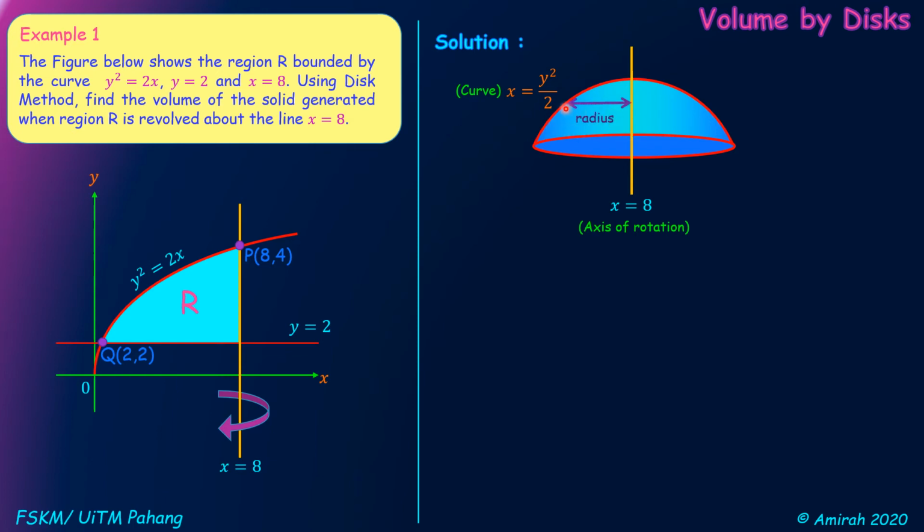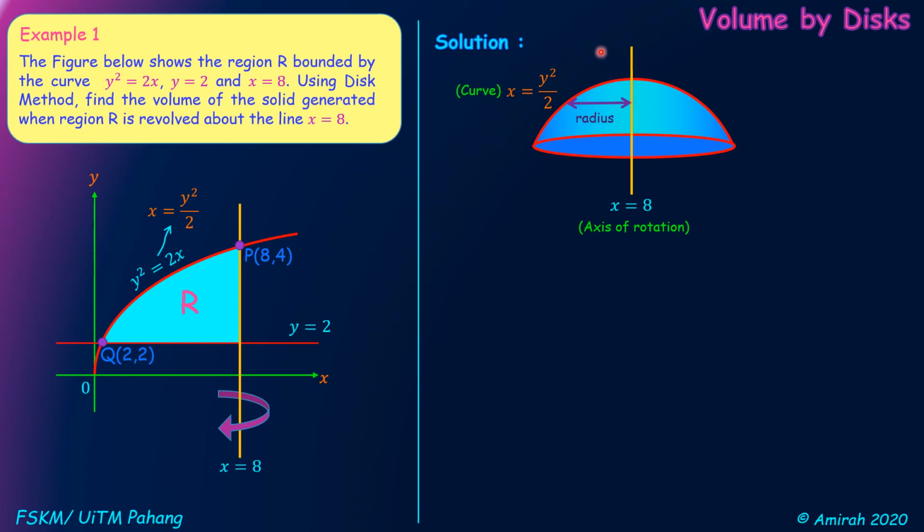The distance between the curve and the axis of rotation is called the radius. Our axis of rotation is a vertical line, which means we need to integrate with respect to y. To do that, we need to write x as the subject because we want variable y. When we write x as the subject, we get x equals y squared over 2.